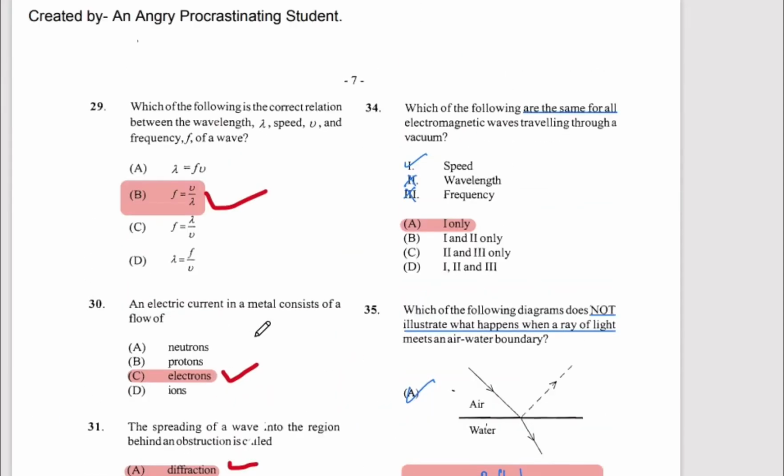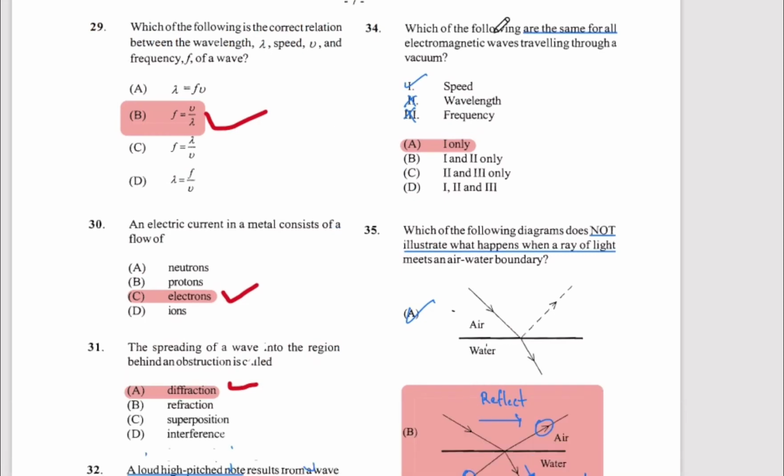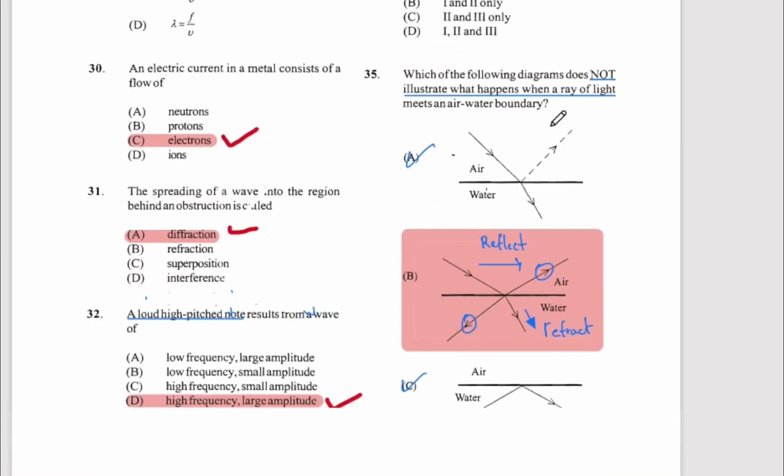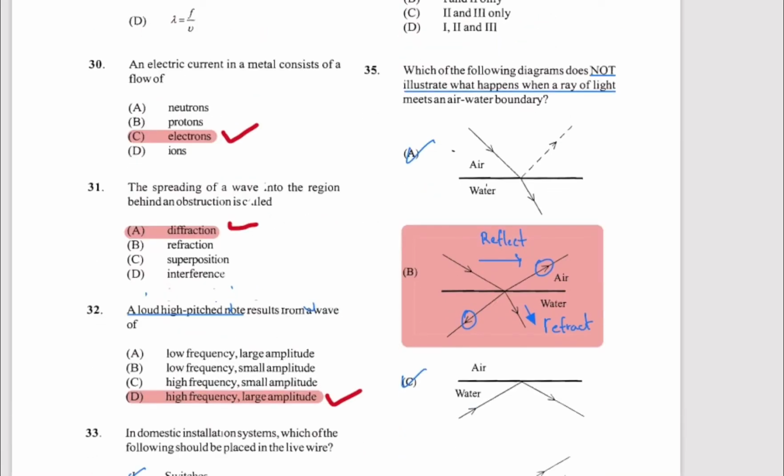Question 34 says, which of the following are the same for all electromagnetic waves traveling through a vacuum? And that's speed. Which of the following diagrams does not illustrate what happens when a ray of light meets an air-water boundary?